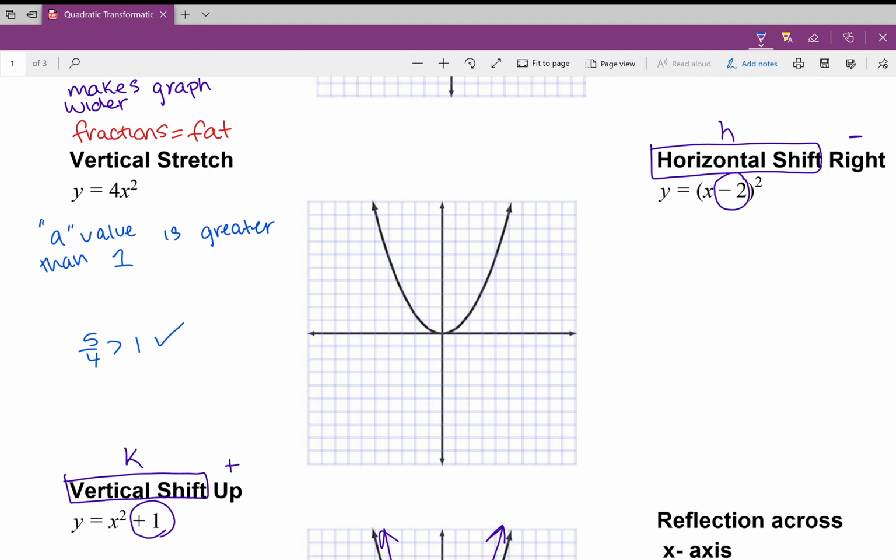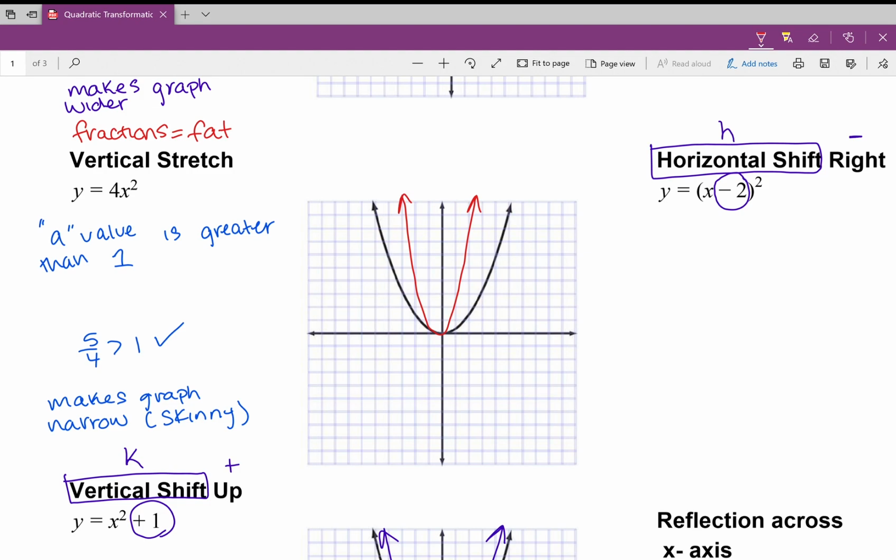Okay, and when it's greater than 1, this vertical stretch makes our graph narrow. So it makes the graph narrow, or another word for narrow would be skinny. Makes the graph skinny. So again, if we are using that analogy of holding the rubber band, I want you to again put your hands together, but now in a vertical position, so up and down.